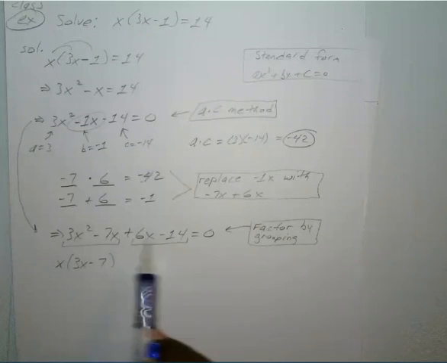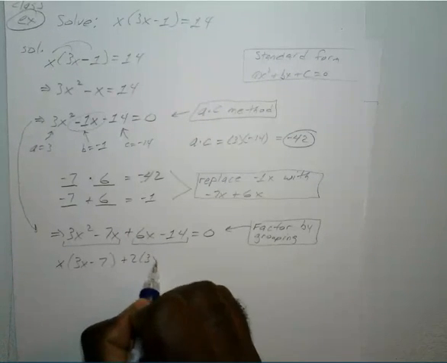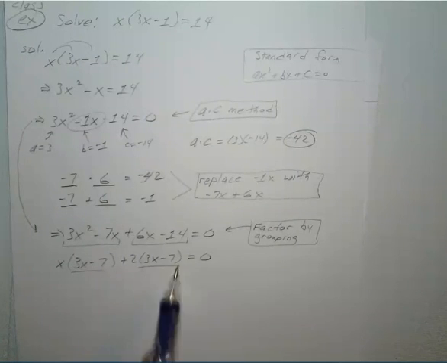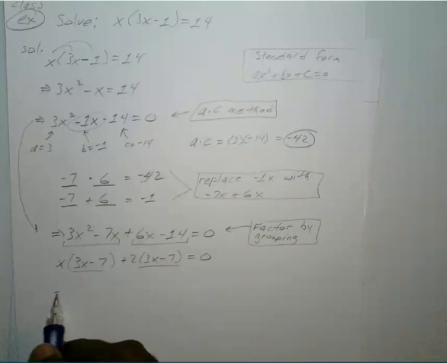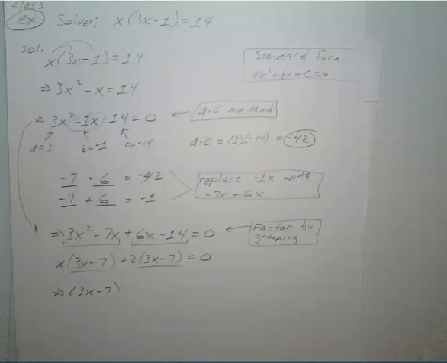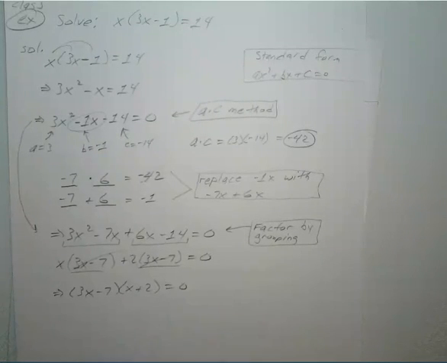Okay, now for these two, we can factor out a 2, which again leaves us with 3x minus 7. And that would be equal to 0. Since we have our matching binomials, we can go ahead and factor those out and run a quick line through them if you like. And what's left goes into our next binomial. So we have x plus 2 equals 0.